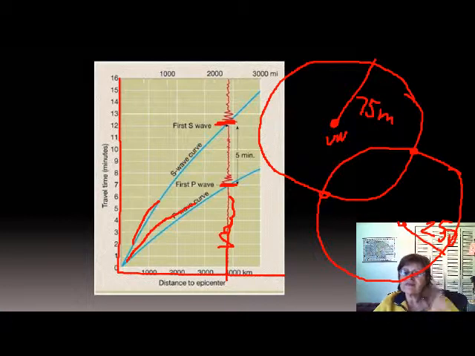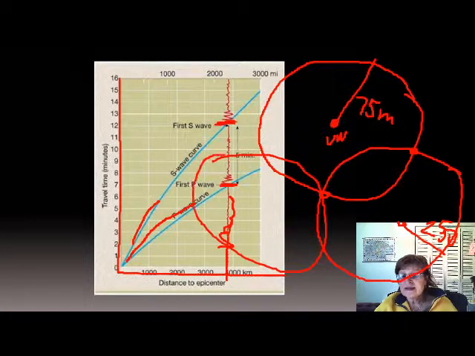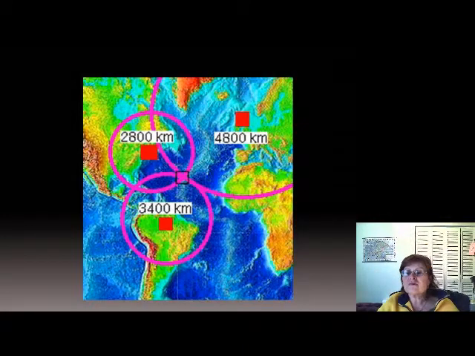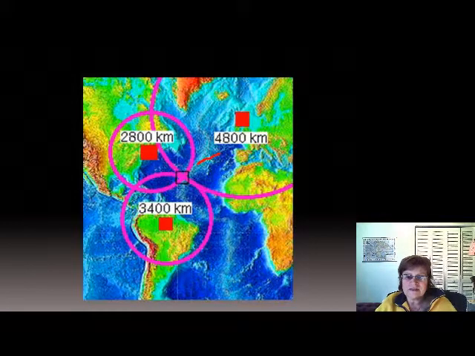You need at least 3. If we have a third one, then we can tell that this is the epicenter of the earthquake. So this is very important. This is the triangulation, and this is what seismologists use every single time to calculate the location of the epicenter, just like here. That's the epicenter right there.